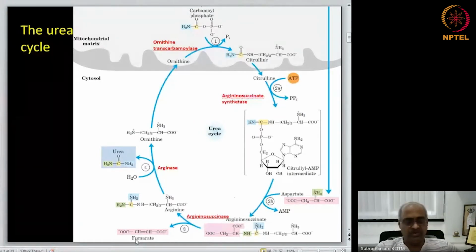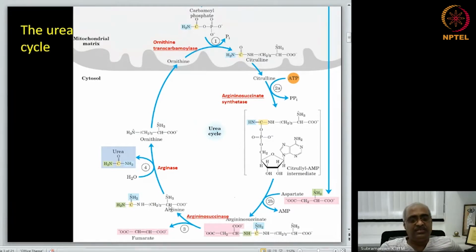If you look at the TCA cycle, there from succinate we form fumarate, then fumarate to malate to oxaloacetate. So the same succinic acid, when you remove it, becomes fumarate. We will follow this fumarate again later when we combine the urea cycle and TCA cycle. The remaining portion is arginine.